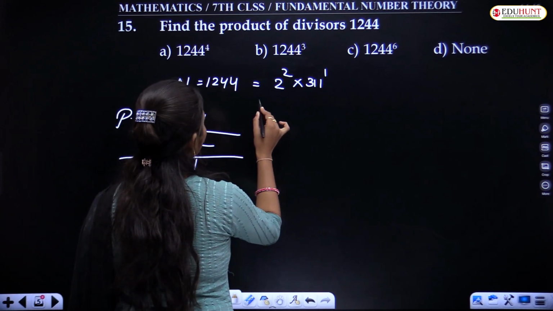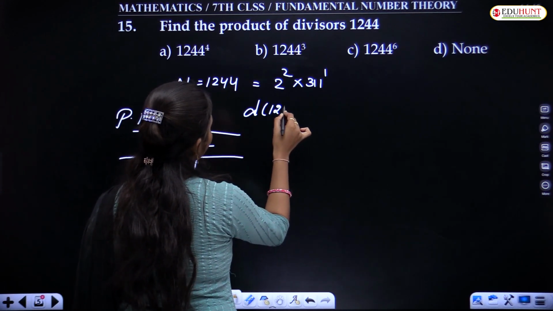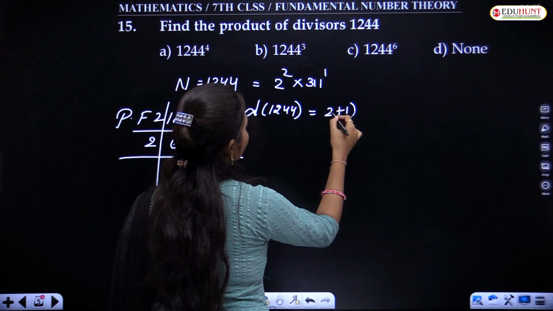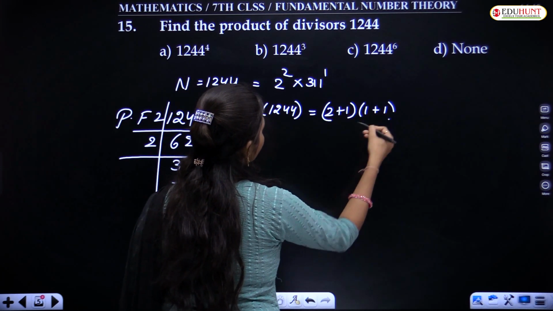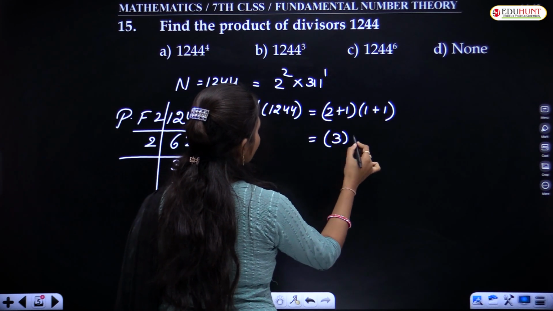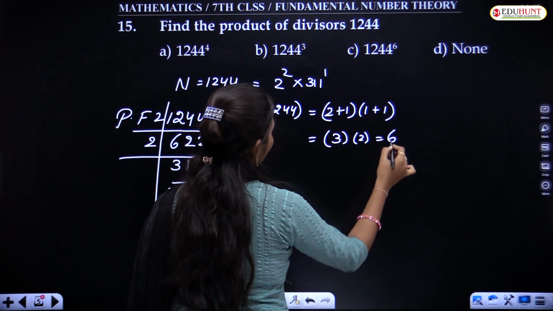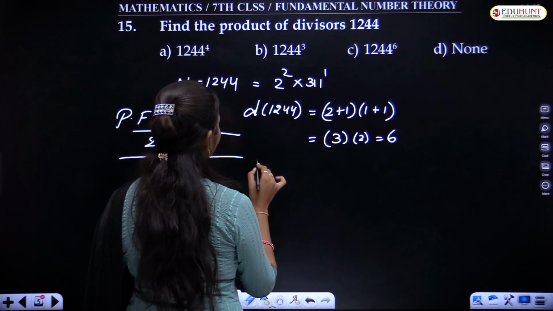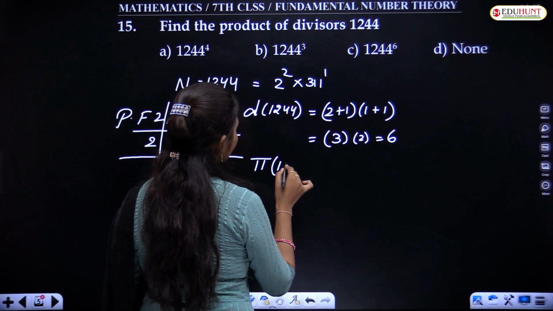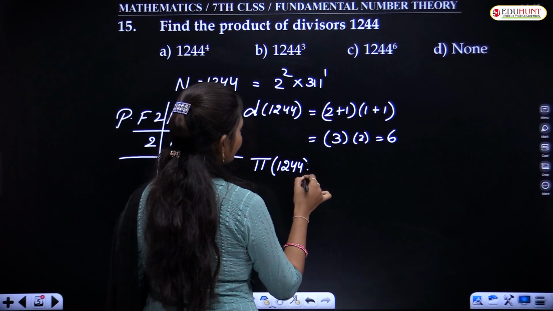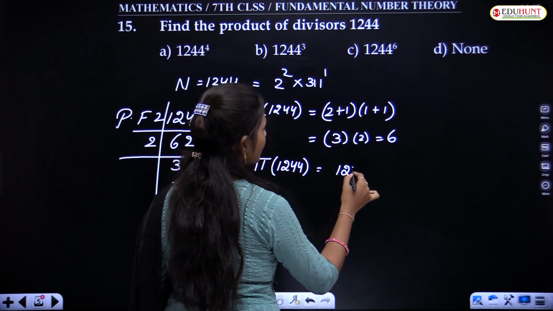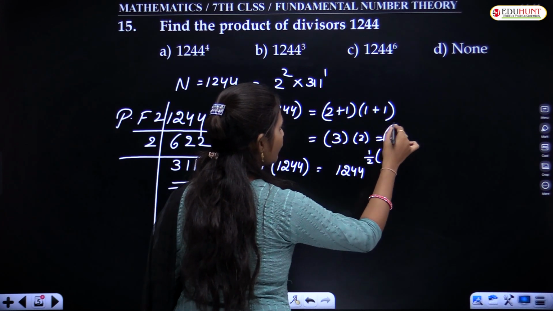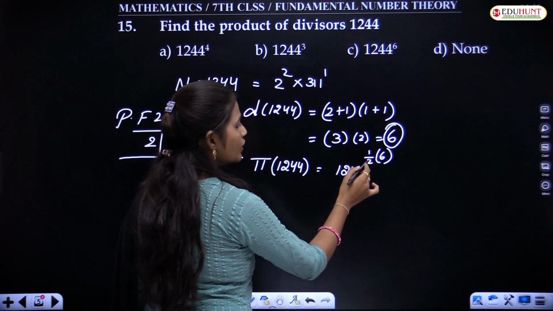Now D of 1244, the number of divisors: 2 plus 1 into 1 plus 1, which is 3 into 2 is equal to 6. In total we have 6 factors. Now the product of the divisors of 1244 is equal to 1244 whole power half into the number of divisors, that is 6 only.